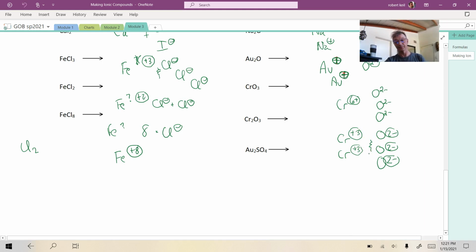Okay, last one is the gold sulfate. And this one's a little weird because the mistake you might make, and I hope you don't, is to think of it as this. And then you'll be like, well, gee, I guess that's +4 or something. And I wouldn't know. Totally wrong. You don't know. What did they do wrong?